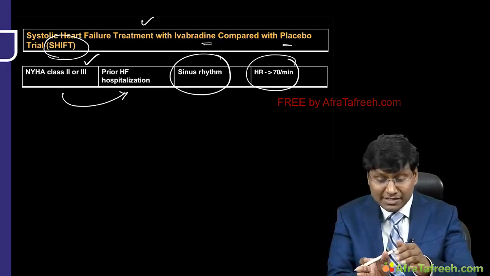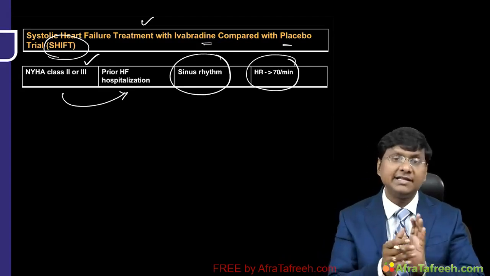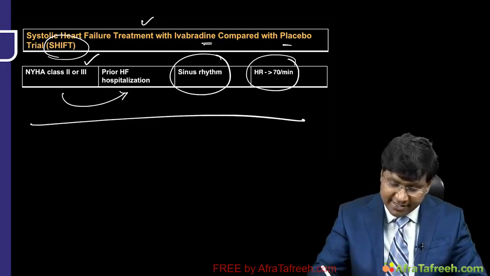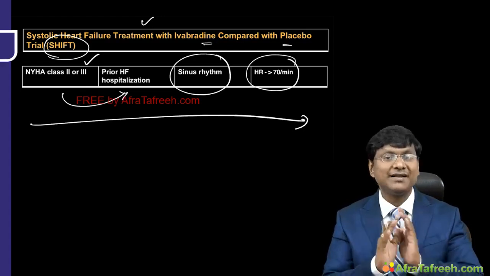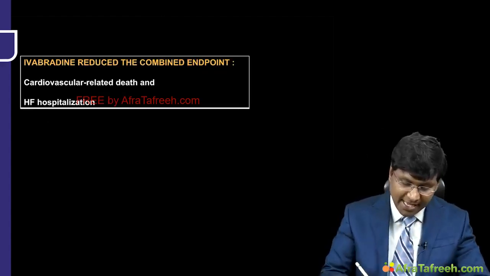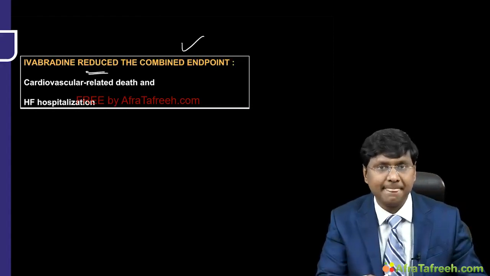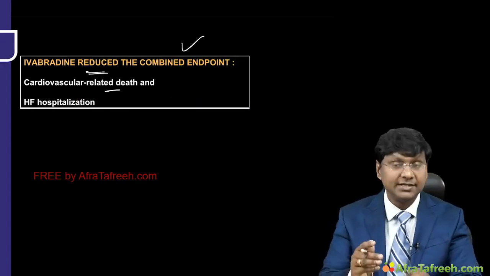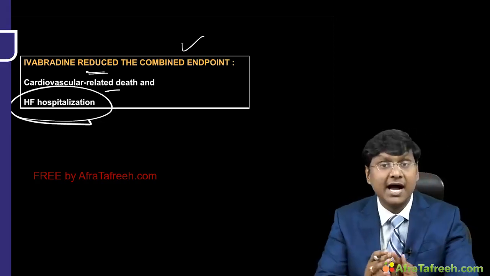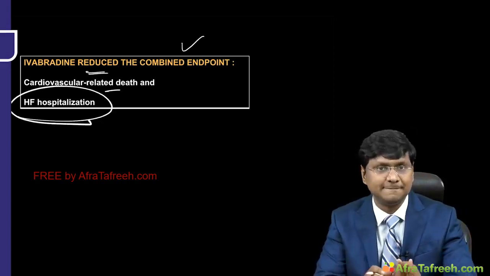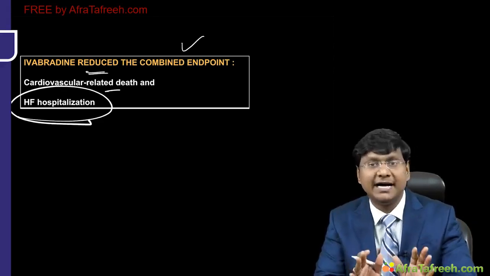What was the end result of this SHIFT trial? The study showed that ivabradine reduced the combined endpoint. Ivabradine reduced cardiovascular death, and ivabradine also reduced heart failure hospitalization. So both of them were reduced by ivabradine.